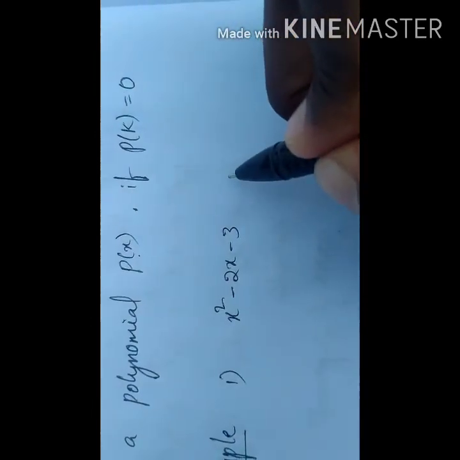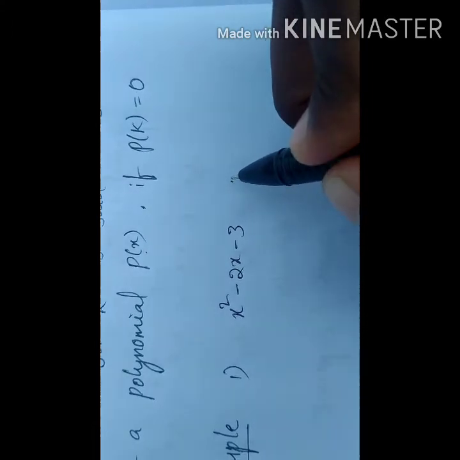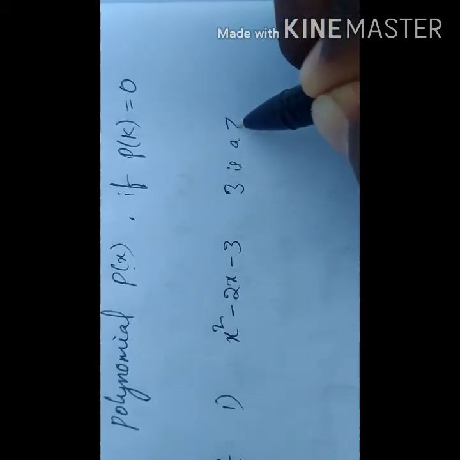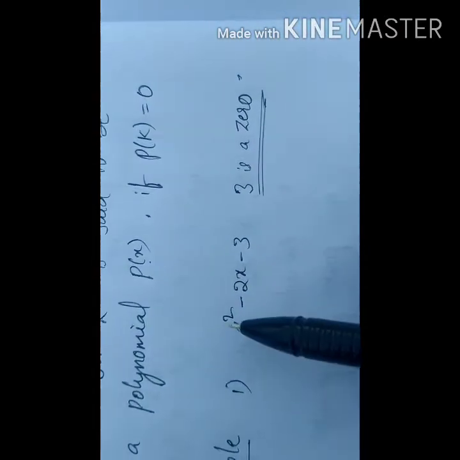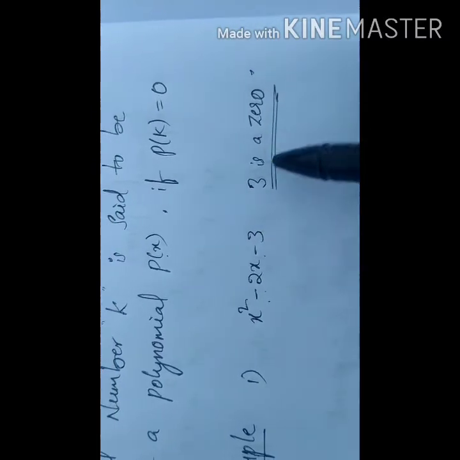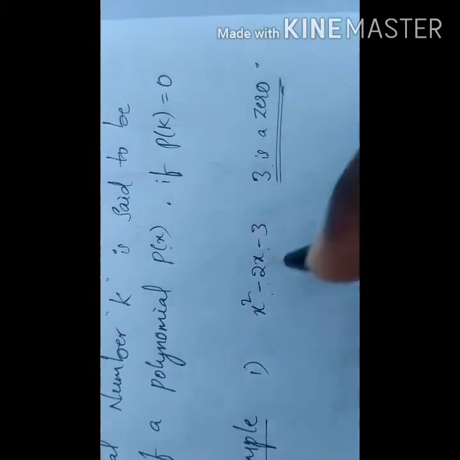Say whether 3 is a zero or not. So here the given polynomial is x square minus 2x minus 3, and we are asked to check whether 3 is a zero of the polynomial or not.